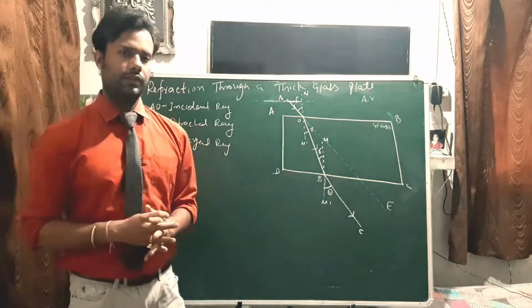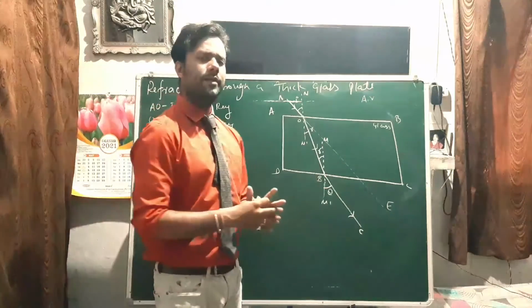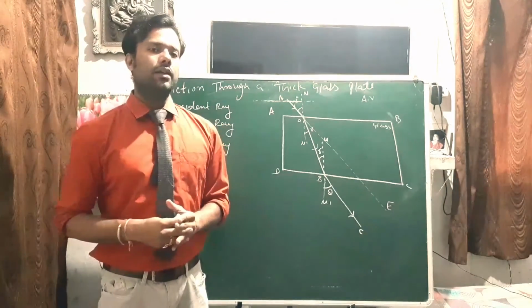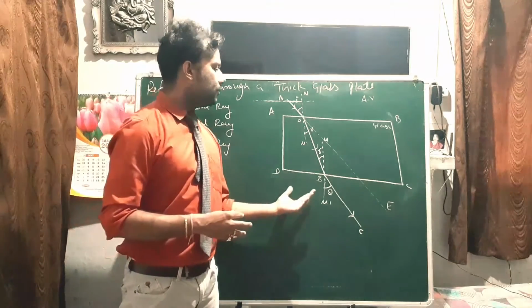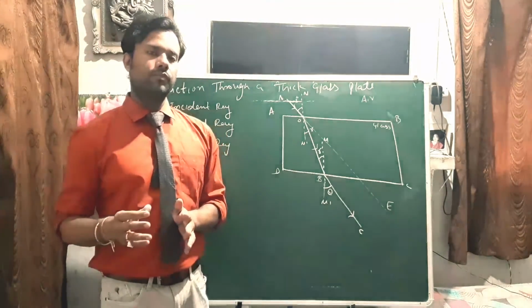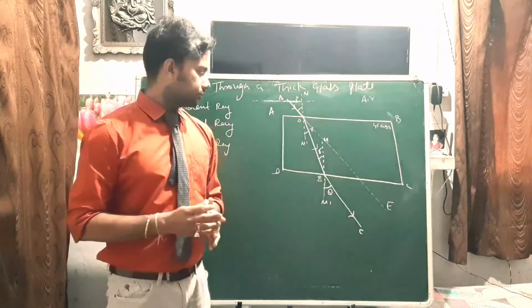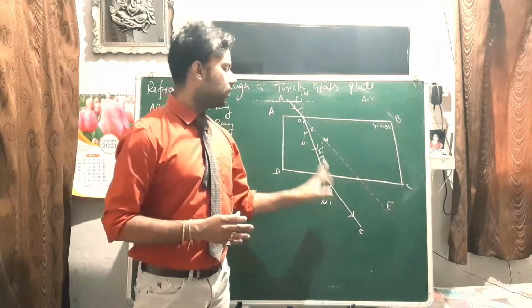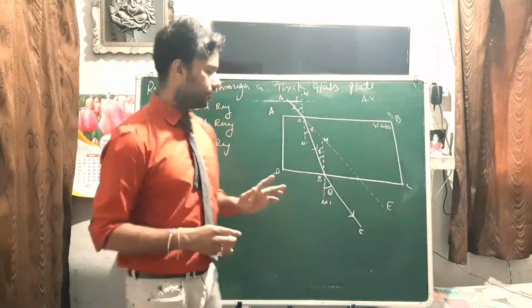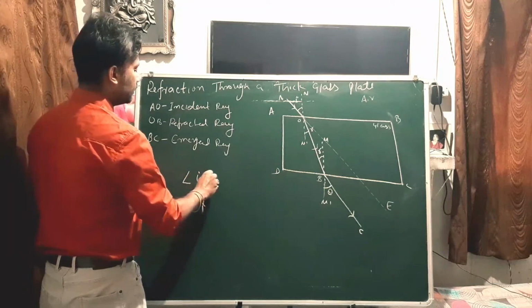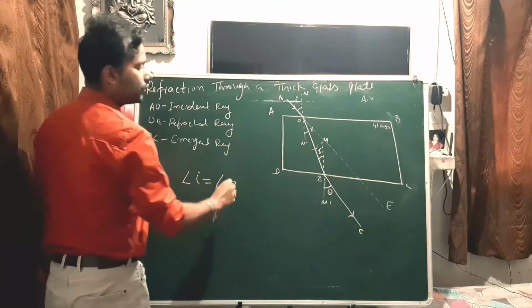There is a result in this experiment that when light comes into the medium after so many refractions, then the angle of incidence is always equal to the angle of emergence. Here the angle of incidence I will be equal to the angle of emergence.